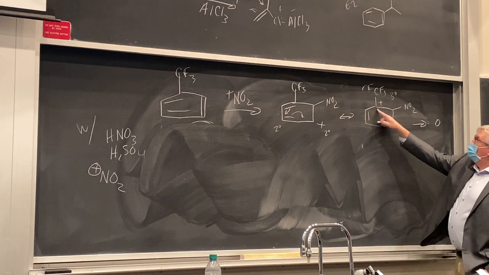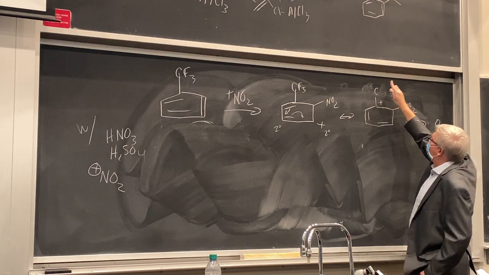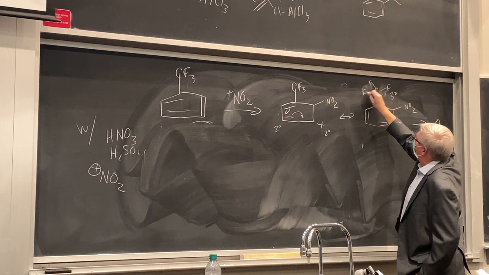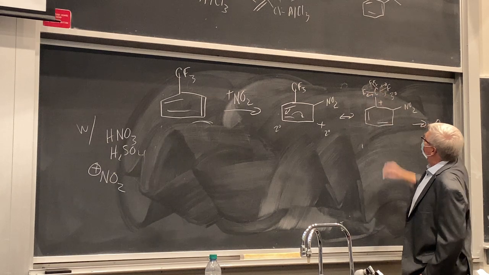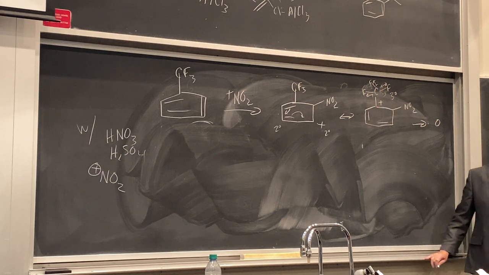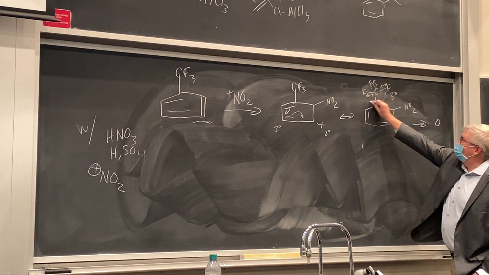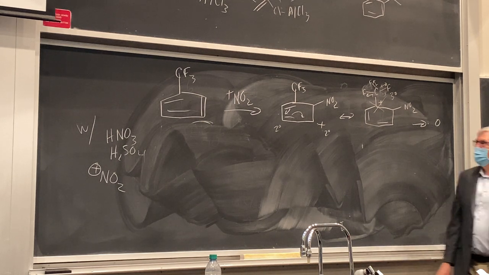But notice that carbocation is right next door to the 3 fluorides. Those are all strong dipole moments, which makes this carbon much more positive in this case. So that'll turn out to be a bad thing to have right next door to that deactivating group.